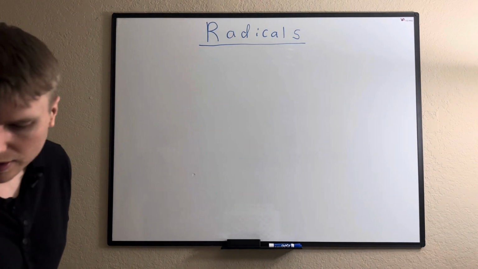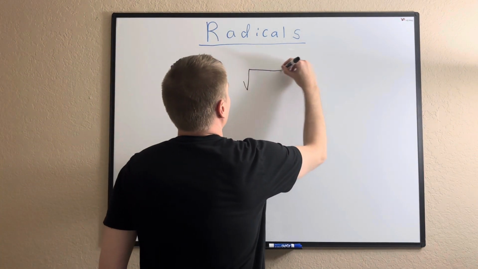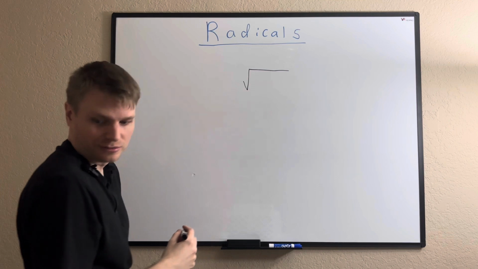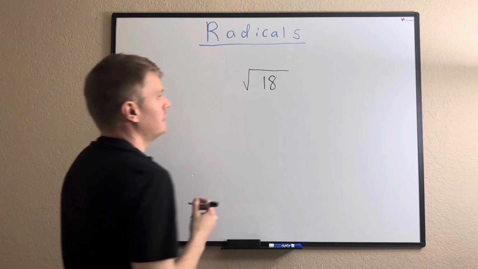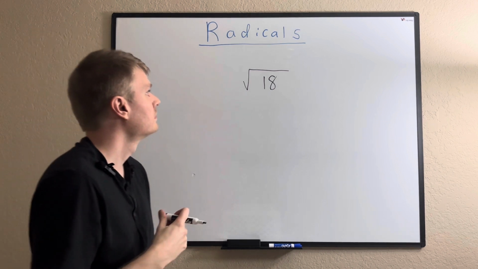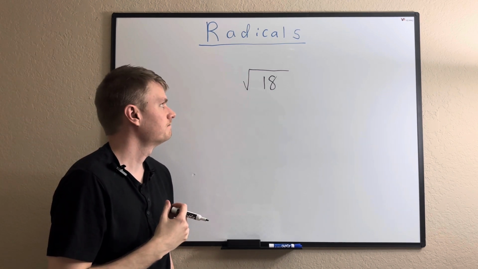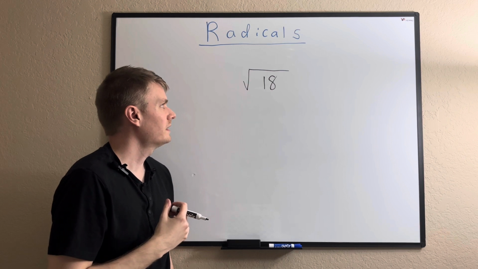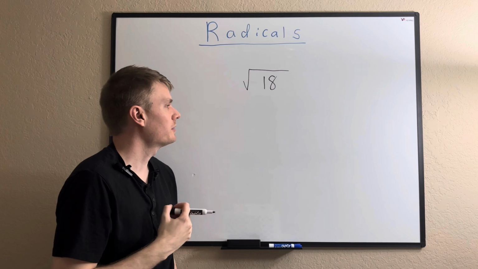So let's go over a root that maybe doesn't work out so nicely, like 18. What's radical 18? Well, it's not a perfect square. So how do we figure it out, though?